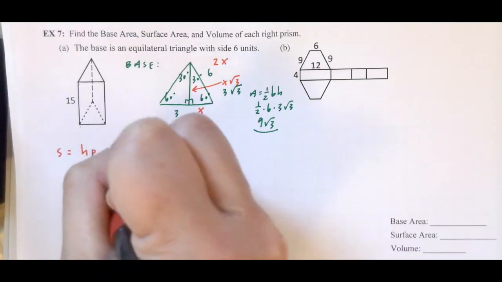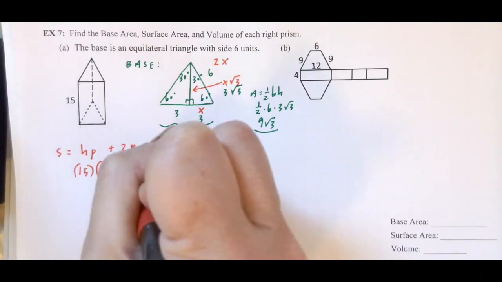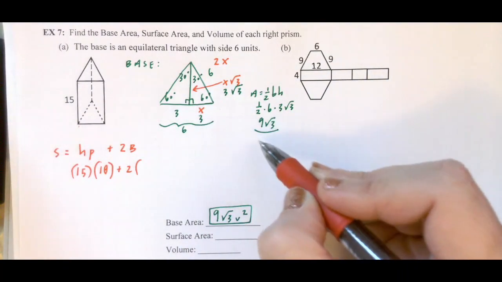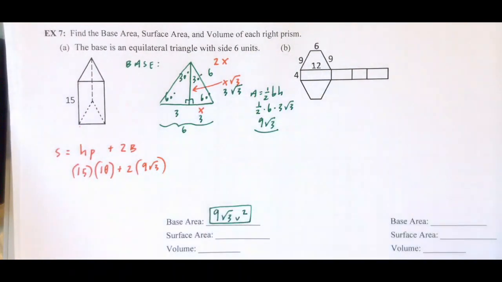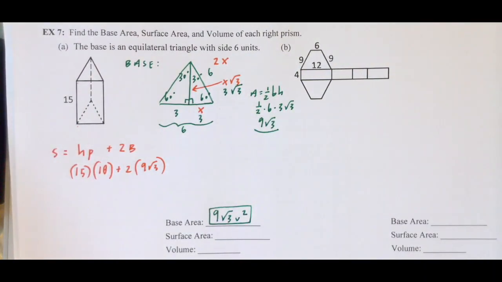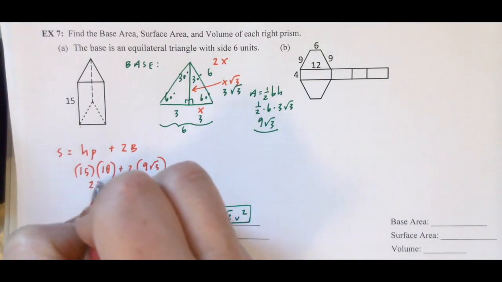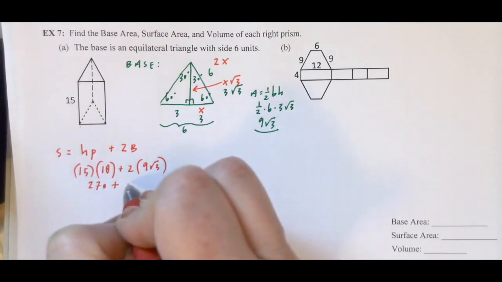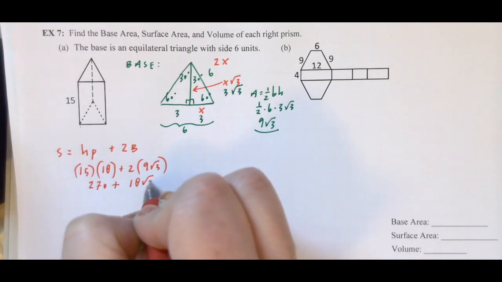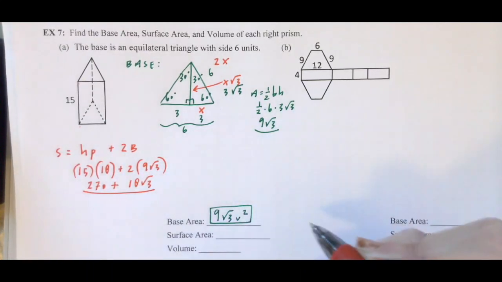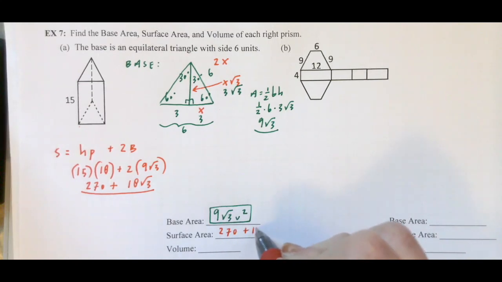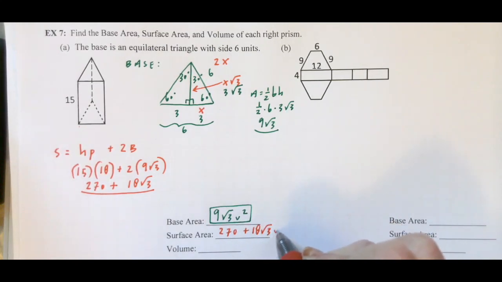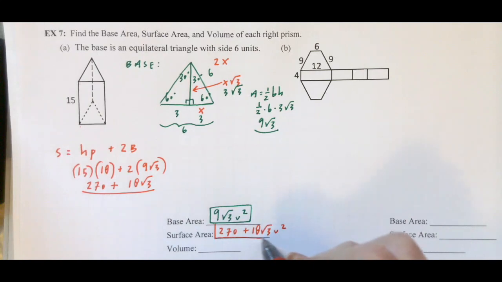So 18 plus 2 base areas. I just solved for that. Each one is 9 root 3. All right, so now multiply it through. So we're going to get 270 plus 18 root 3. I can't combine, those are not like terms. So 270 plus 18 root 3, units are squared.